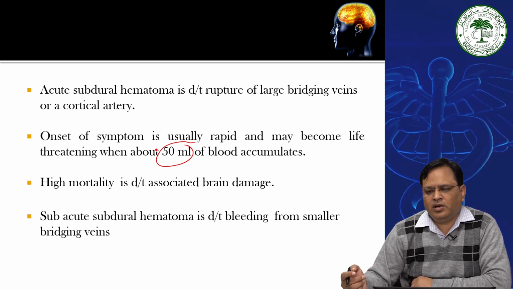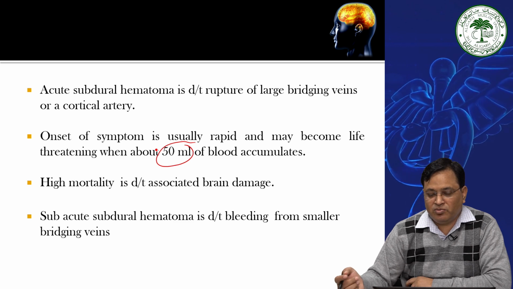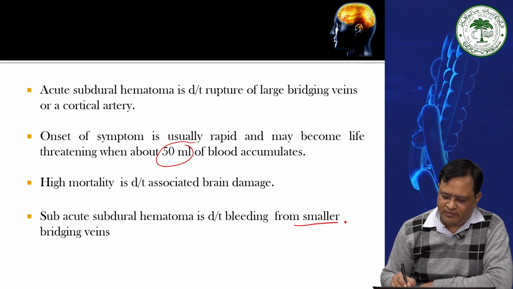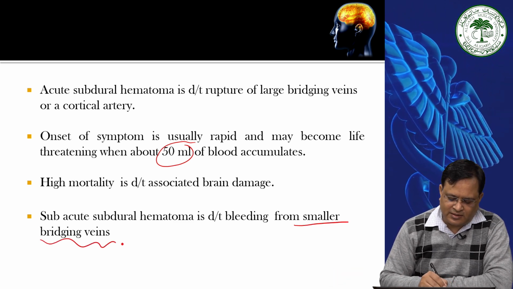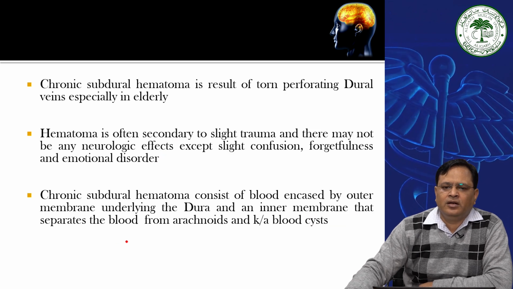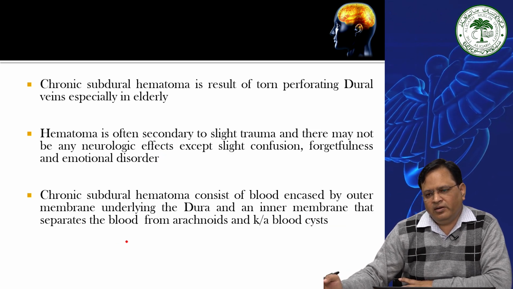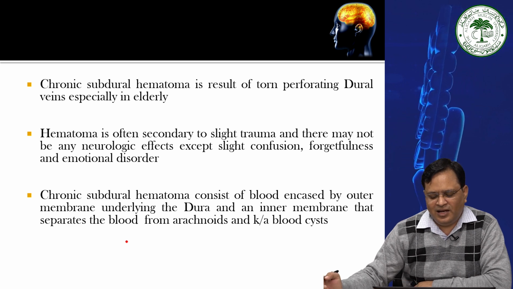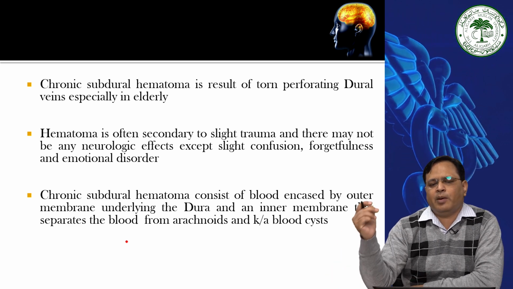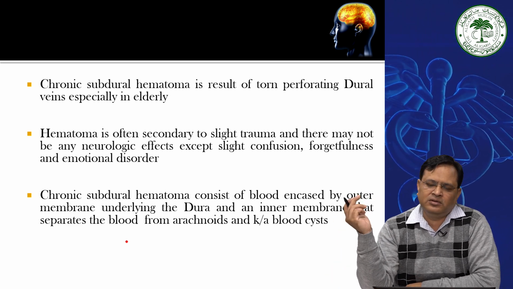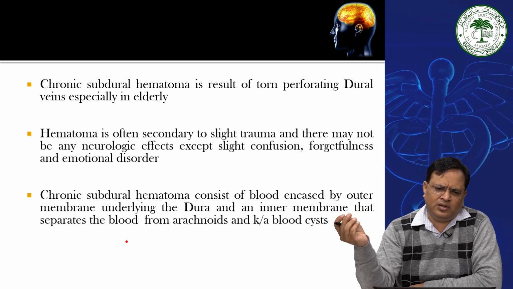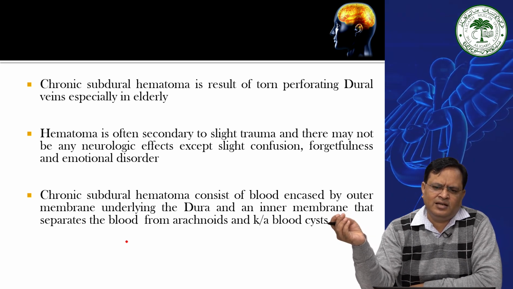Subacute subdural hematoma is due to bleeding from smaller bridging veins, and these are less life-threatening. Chronic subdural hematoma is a result of torn or perforating dural veins, especially in the elderly, who have hypertension and or chronic rupture of the brain vessels.